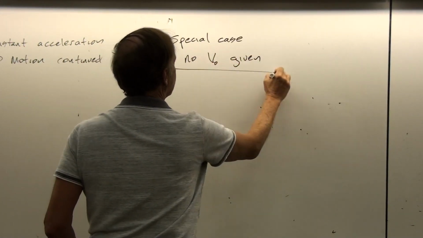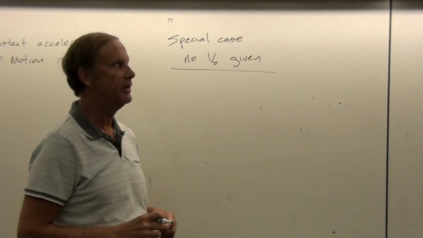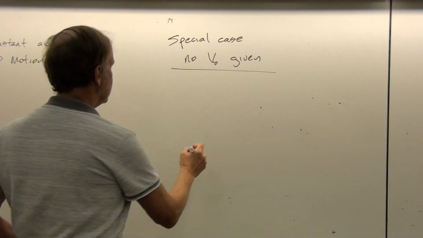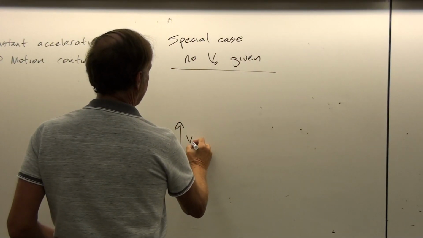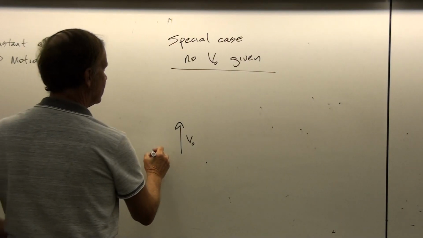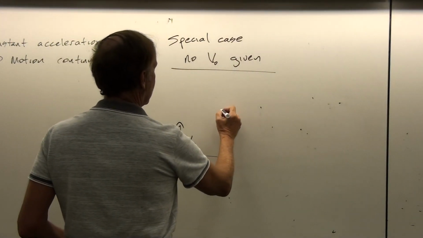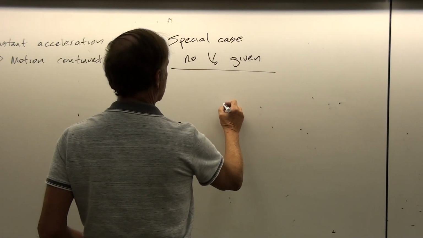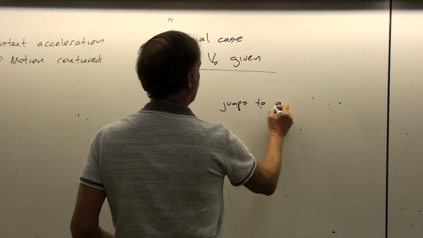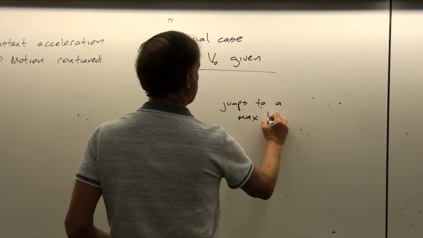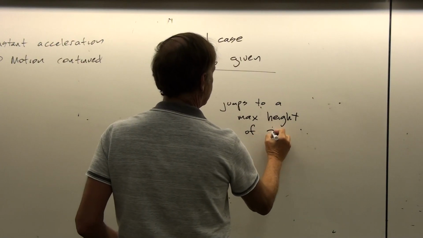It might seem like, well, that's just one of the unknowns and it wasn't given, so how does that make it special? Well, let's start out with maybe it's a grasshopper that jumps with an initial velocity of v naught that's not given, and the grasshopper jumps to a height of 2 meters.